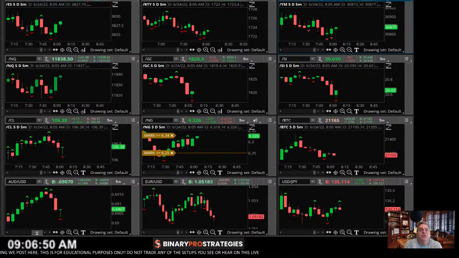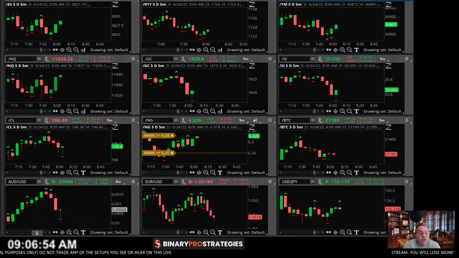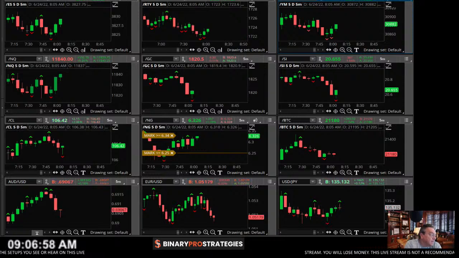Okay, may have a potential buy coming up here if this green carrot holds on this US yen. We will have a buy on this in about 4 minutes. We'll see if that holds.